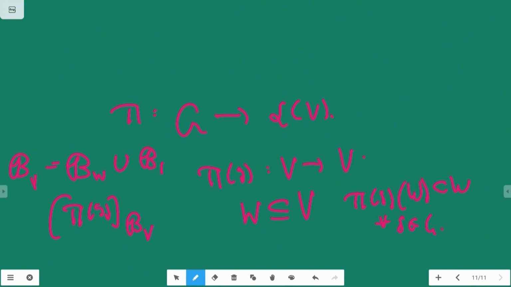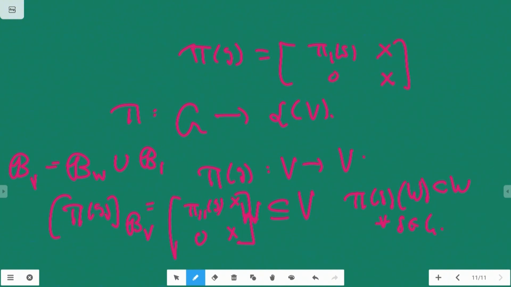Since W is invariant under pi g, it will have the form pi 1 g here, 0 here, and something here, and something here. So by using the fact that W is invariant under pi g, you can see that the matrix of pi g, or by abuse of notation pi g itself, can be written with pi 1 g, 0, and something which may be non-zero.